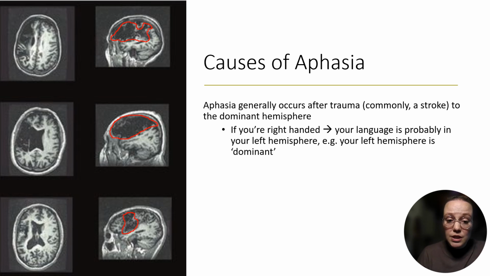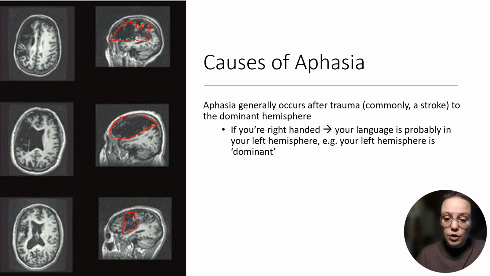These are all strokes that involve the middle cerebral artery in the left hemisphere. Now you have a middle cerebral artery in both hemispheres. It's your biggest artery branch in the brain. It comes from your carotid artery. Middle cerebral artery strokes can be smaller or they can be very large.